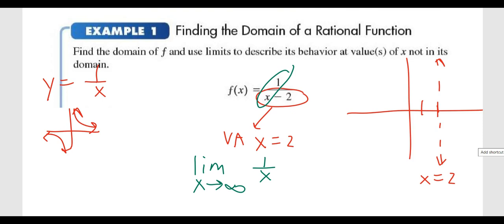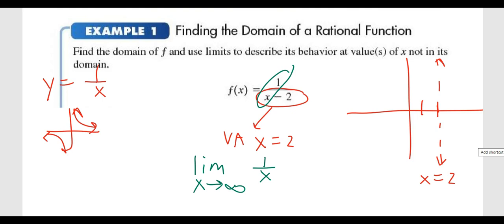If you can't, then take the limit of it. Now, technically, we would need to do both the left and the right. We would have to do limit as x goes to negative infinity. But for the functions that I'm going to choose for you, it's okay if we just do one of them. In reality, you would have to do both. But for the ones we're dealing with, one side will be good enough.